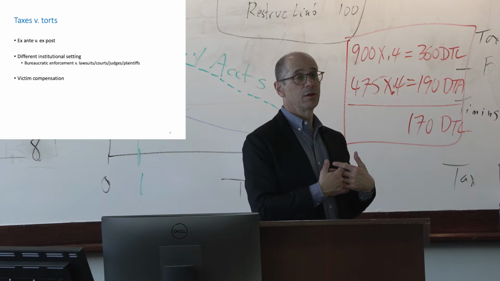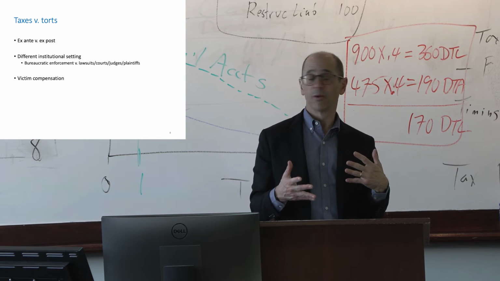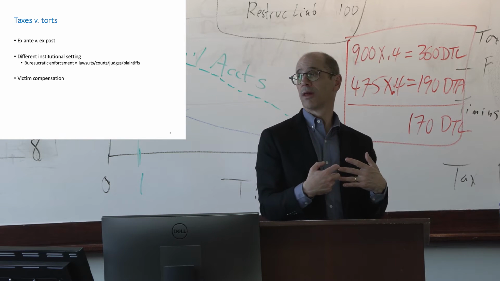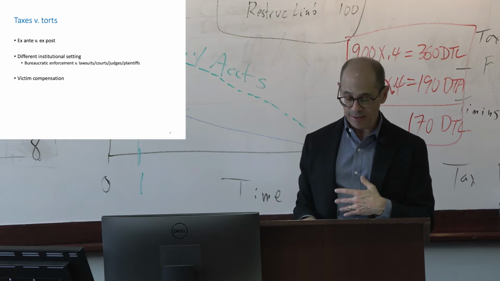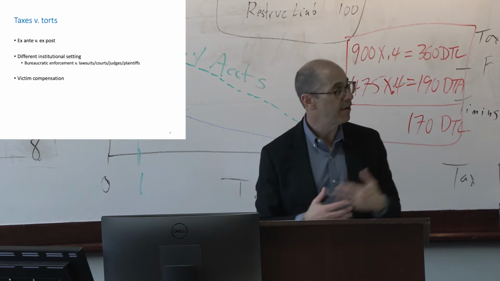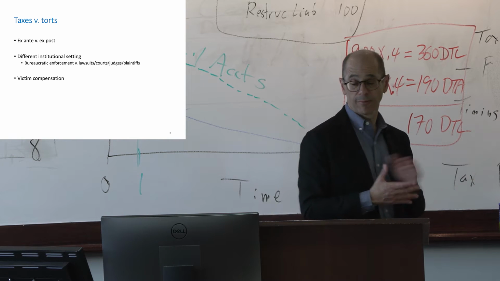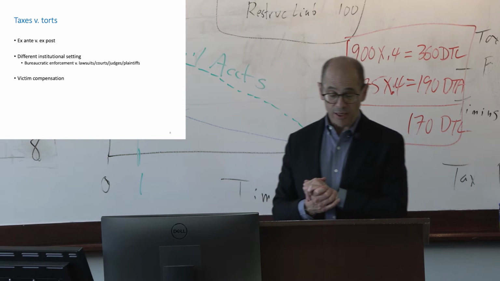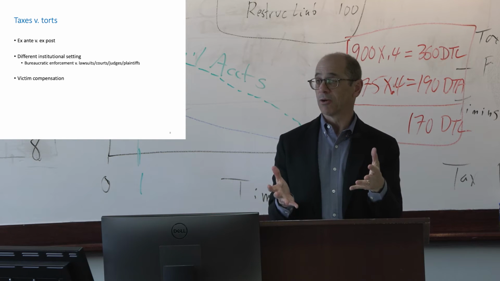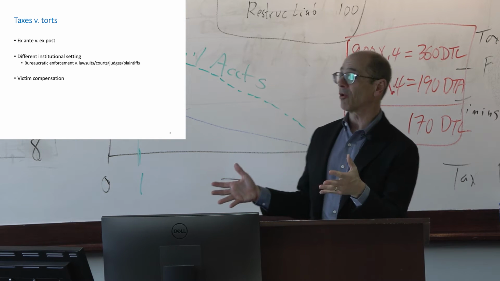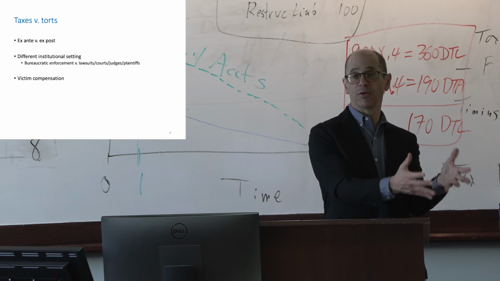With a tort, you don't pay any fee up front, you wait till someone sues you, and then you have to pay them. So taxes are kind of ex ante, and torts are ex post, and there are advantages and disadvantages of each. What's the advantage of ex post, of using torts? Well, if you wait until there's actually harm, then it's easier to measure what the harm is. Someone's in front of you and they're injured.